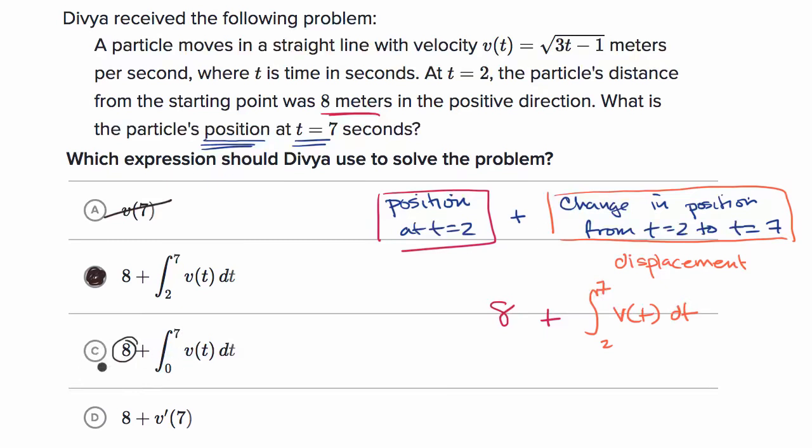So this isn't right. And this is your position at time 2 plus your v prime, the derivative of velocity, which is the acceleration, at time 7. So that's definitely not going to give you the particle's position. So we like that second choice.